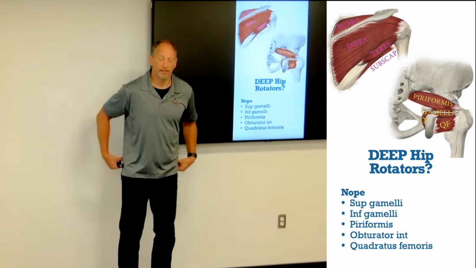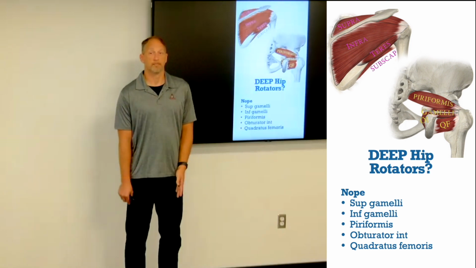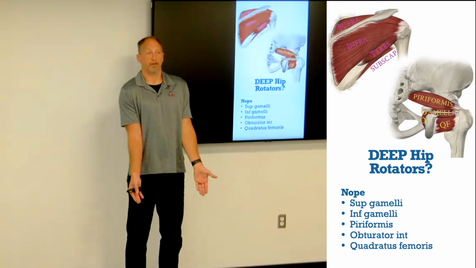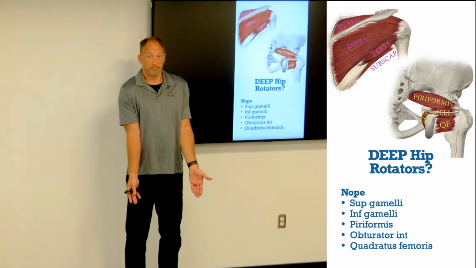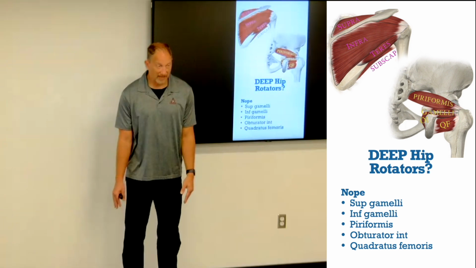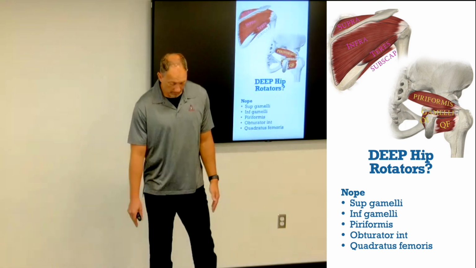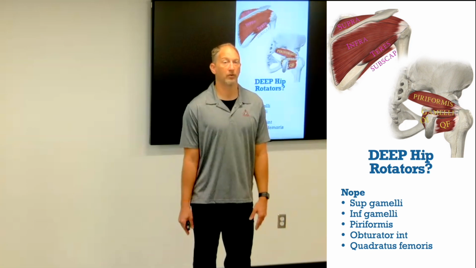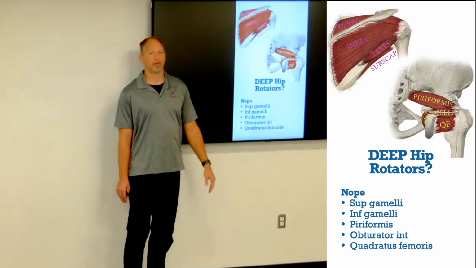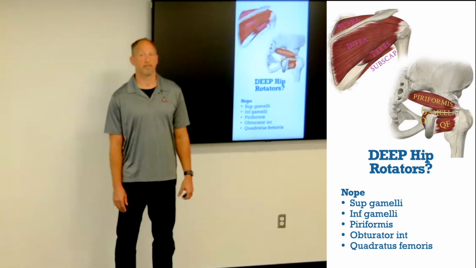Because if the deep rotators of the hip are shortened, where do the feet go? Do they stay pointing straight ahead? Do they internally rotate? Or do they externally rotate? If our external rotators of the hip are tight, we're going to be standing with our feet out. So if you watch somebody walk, and they walk with their feet turned out, it's probably a good bet that if you go and look at the hip, we're going to see some tightness within those external rotators.